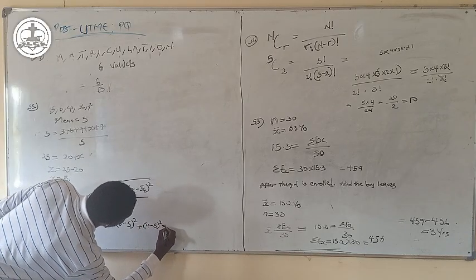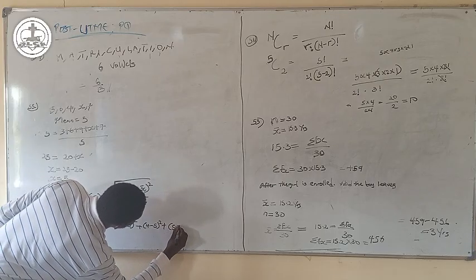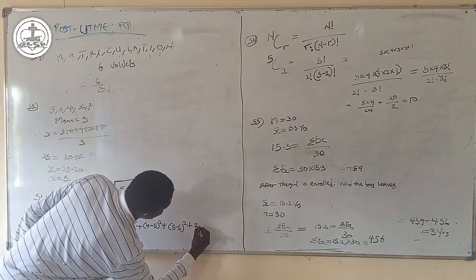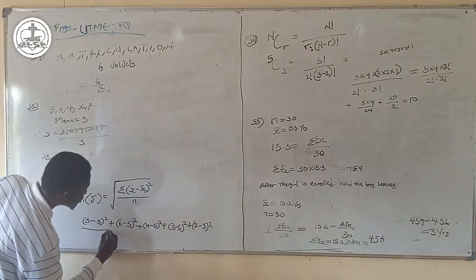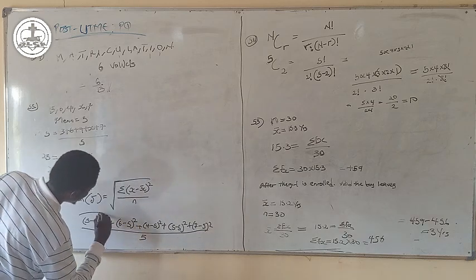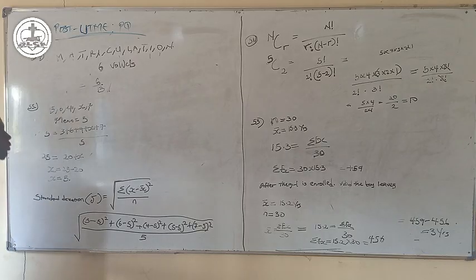Our next variable x, which we found to be 5, is 5 minus 5 squared, then plus 7 minus 5 squared, everything divided by the number of variables, 5.